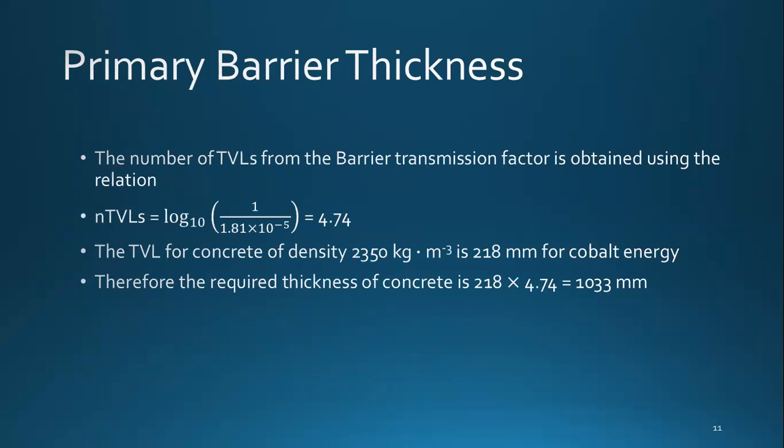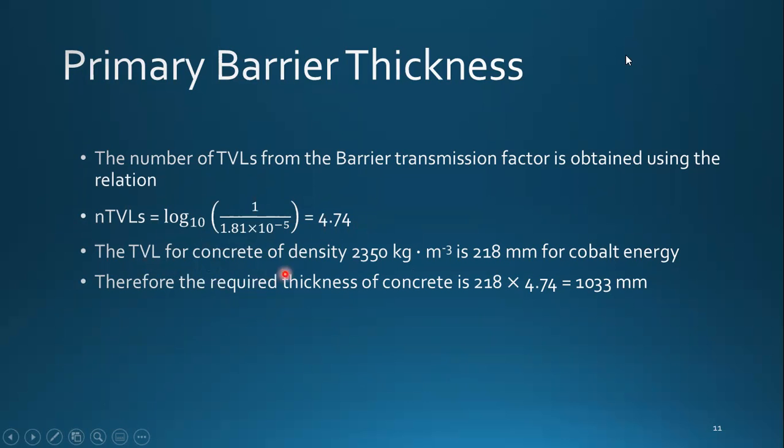Now that we have calculated the barrier transmission factor, we can calculate the primary barrier thickness. The equation for that is the number of TVLs required is equal to negative log of the barrier transmission factor. Otherwise, you can say log 10 of 1 by the barrier transmission factor. If I substitute the value of 1.81 times 10 power minus 5, the number of TVLs required will be 4.74.